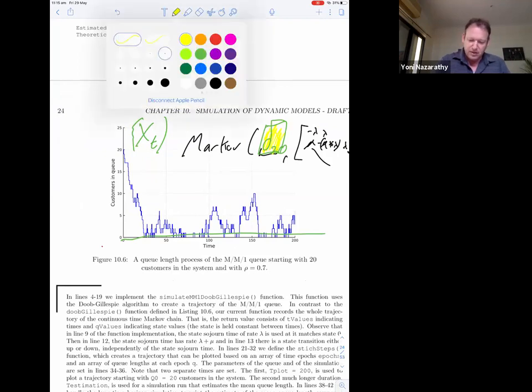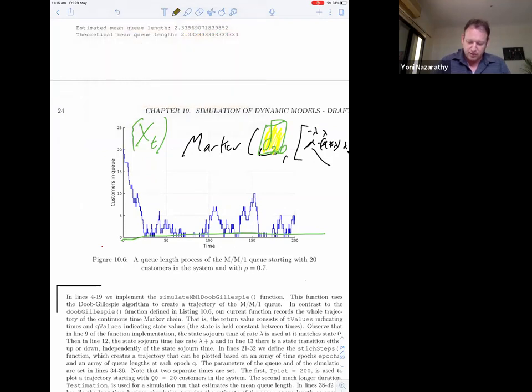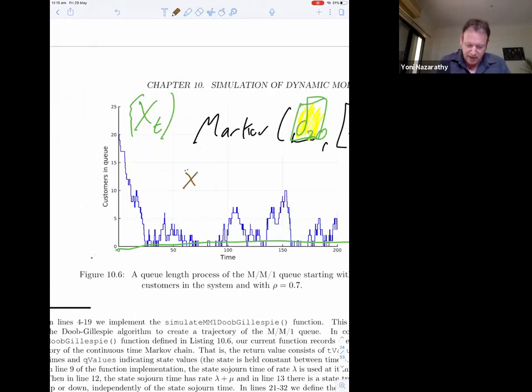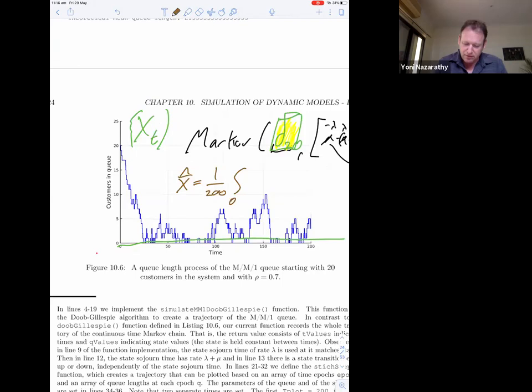The way I would do a time average here is X-hat bar equals 1/200 times the integral from 0 to 200 of X(t) dt, where X(t) is the realization. I would just calculate the area under the curve and divide that by time 200.